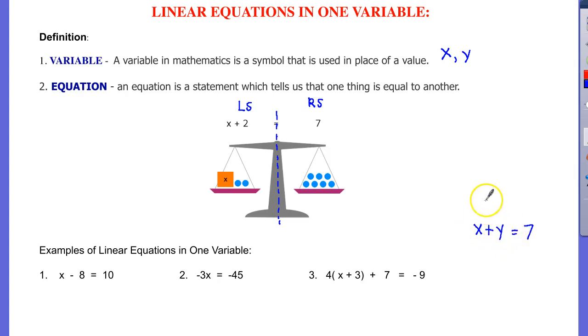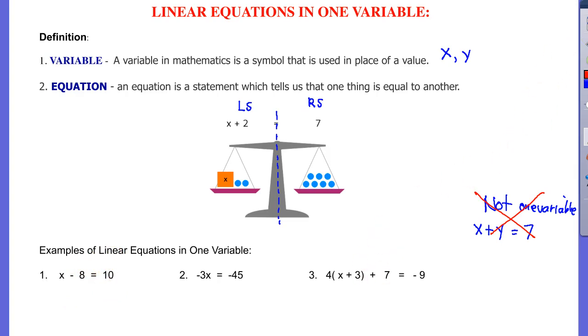This one is not one variable because, as you can see, you have two variables there. You have x and y. So that's not what we will be working on today. We'll be working on equations like this where there's only one variable in your equation. You can have variables on both sides, but it's going to be the same variable, like same letter. Okay?